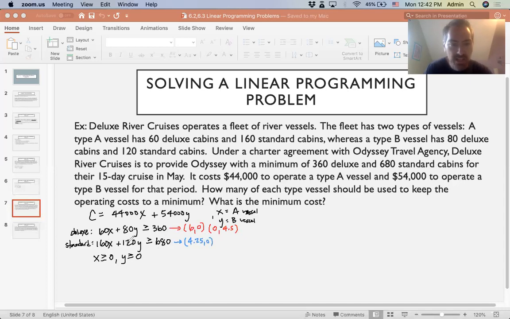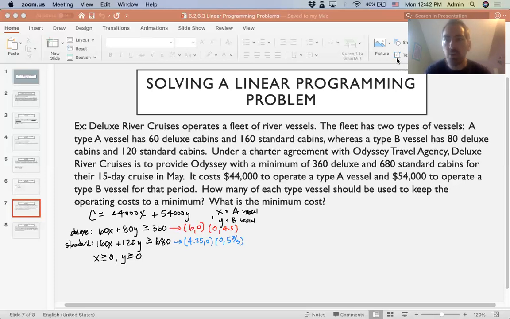And then 680 divided by the 120 is 5.66. Let's write that as a mixed fraction there, just so I don't have to do any approximation, still getting that exact value.